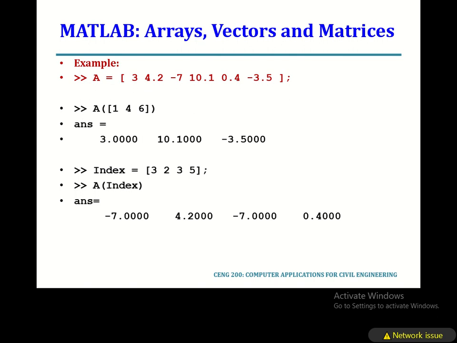Index has only numbers. Okay, so same way. When I say A index, what am I telling the program? Give me the third value, the second value, the third value, and the fifth value. The values I want, I already assign them to index. Then I use it. You can do it directly, or you can use it in this way. Clear?